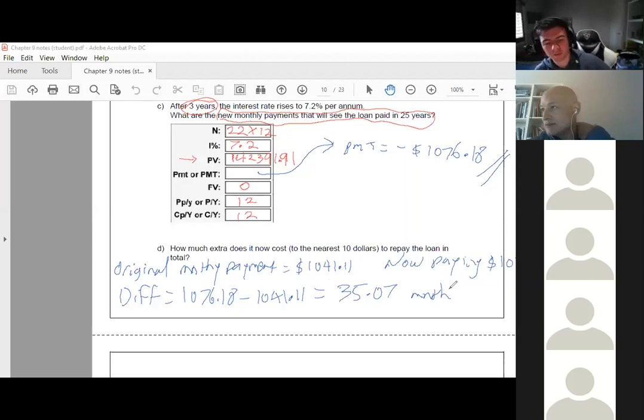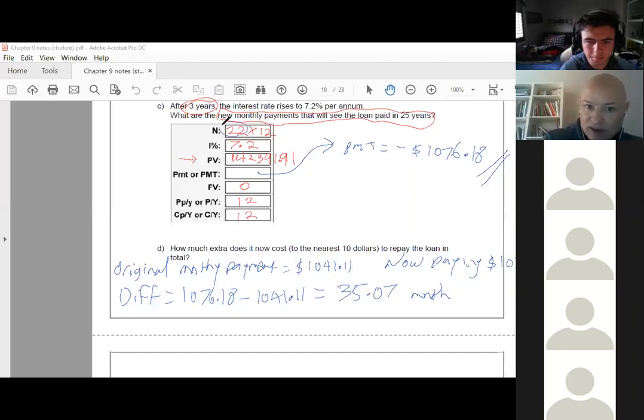But that is only for 1 month, not over the whole time. So now we've got another 22 years paying off at this much money, and that's every month this much more.